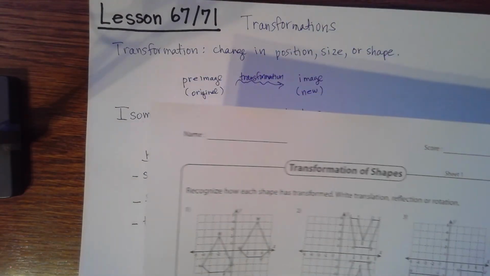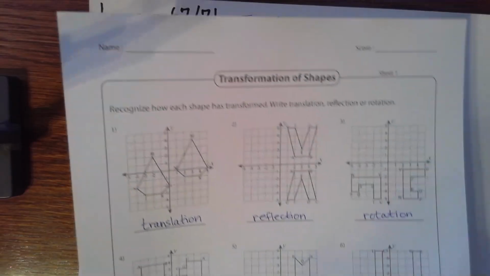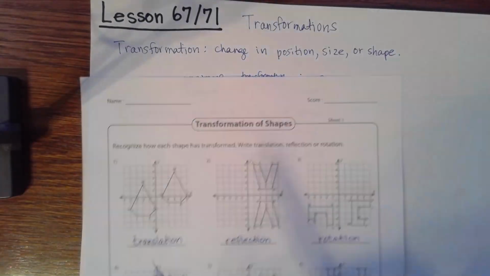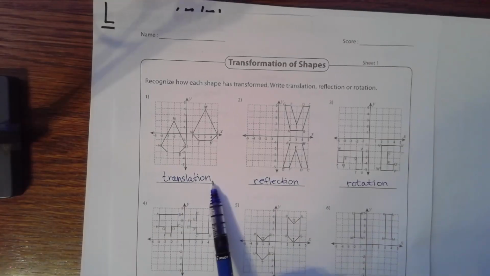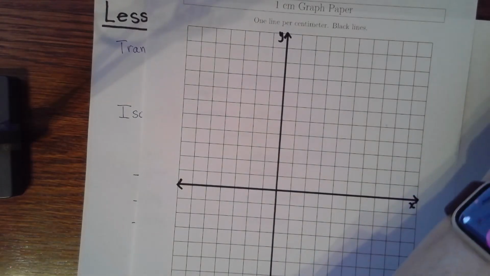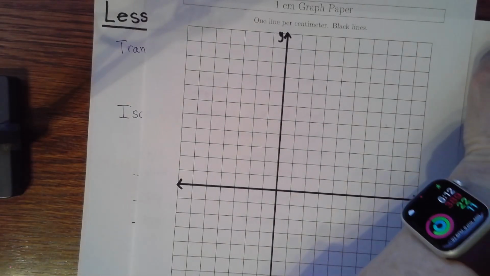Now, we're particularly interested in lesson 71, where we're going to talk about translations and how you can be more specific about describing a translation.